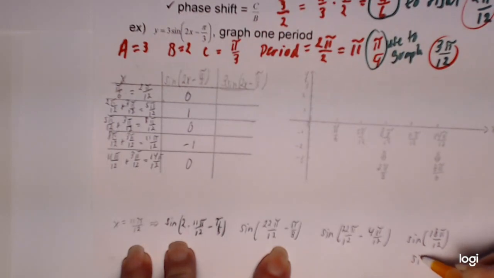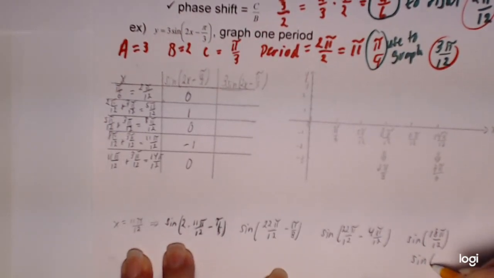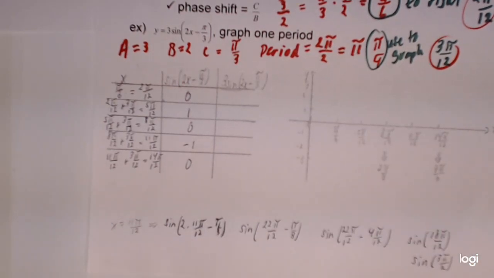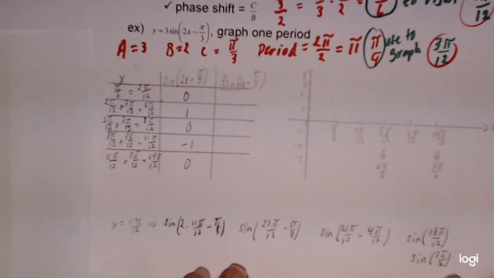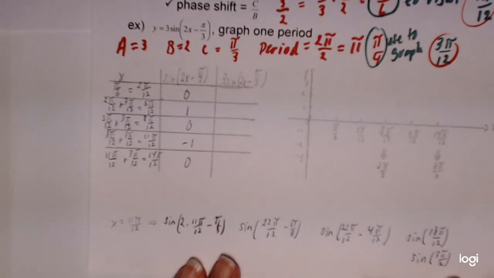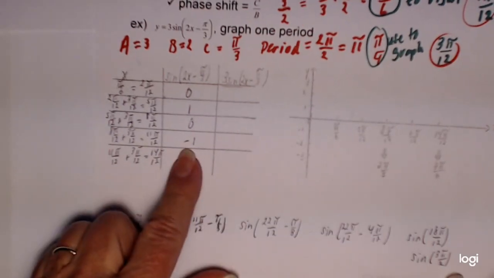which is the sine of, we can divide both by 6, so we have the sine of 3 pi over 2. And now the sine of 3 pi over 2, we know that is -1. So there's our -1.